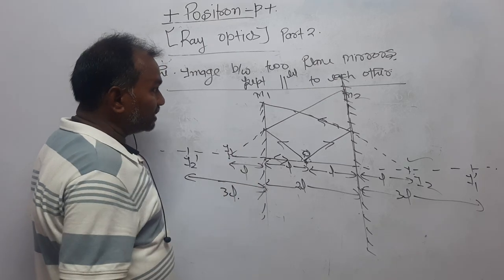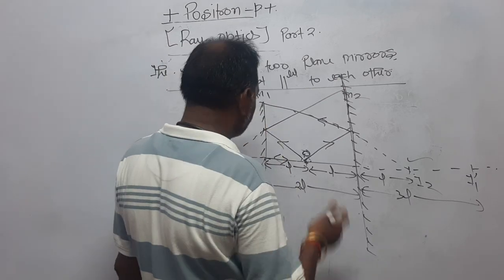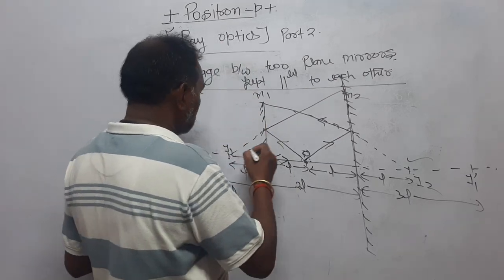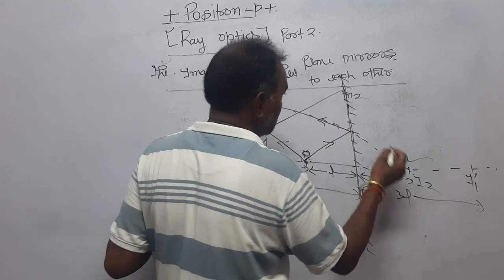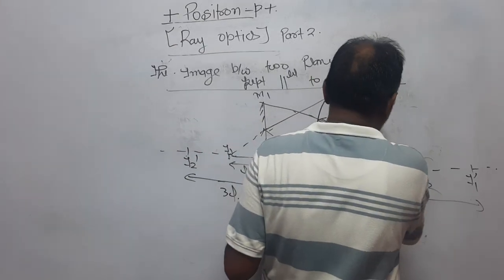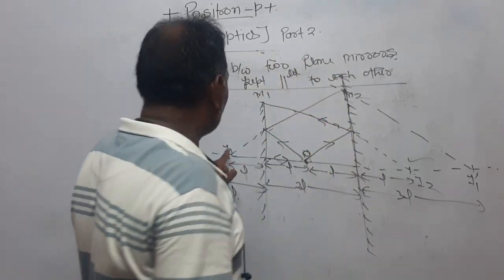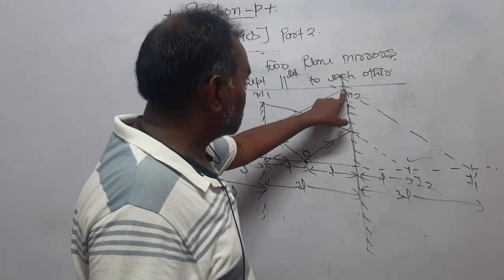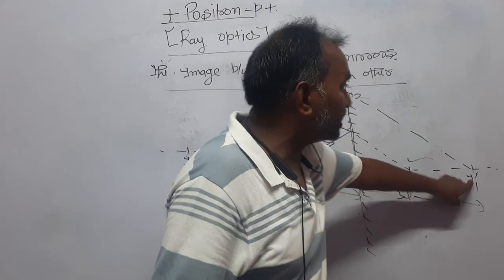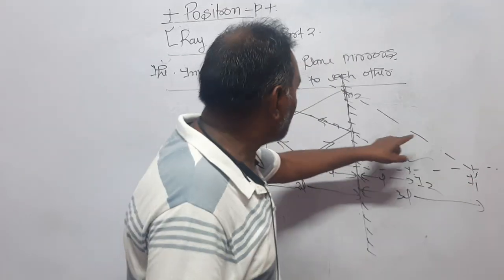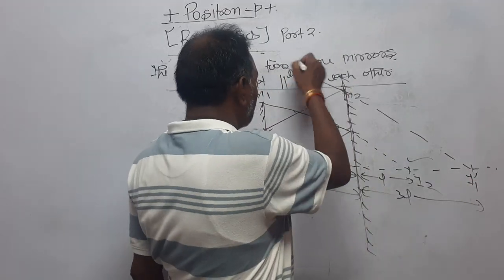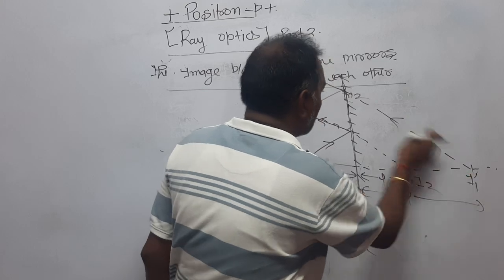And how you can make this image? Look here. This was I1, and it was an image of I1 made at I1 dash, right? The ray is reflected from here and appears to come from I1 dash.